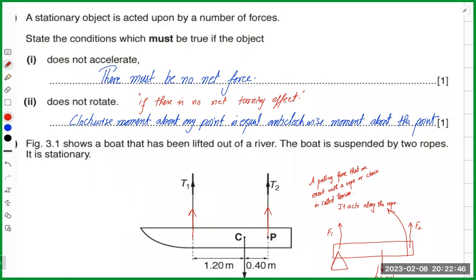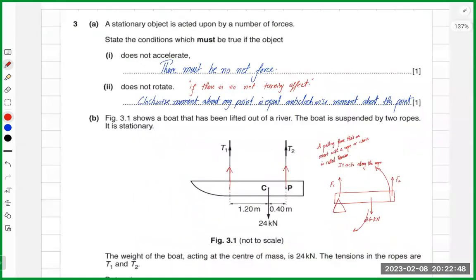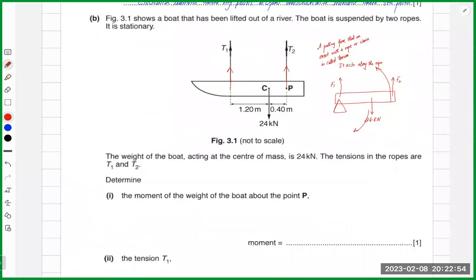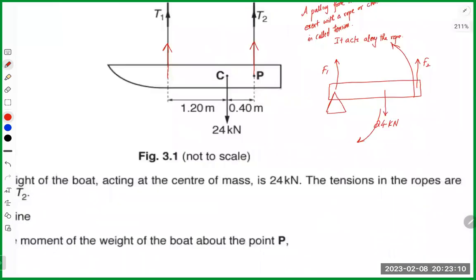Now, figure 3.1 shows a boat that has been lifted out of the river. The boat is suspended by two ropes, T1 and T2. The weight of the boat acting at the center of mass is 24 kilonewton. Determine the tensions in the ropes T1 and T2, and the moment of the weight of the boat about P. So in the first part, he's asking us to calculate what?